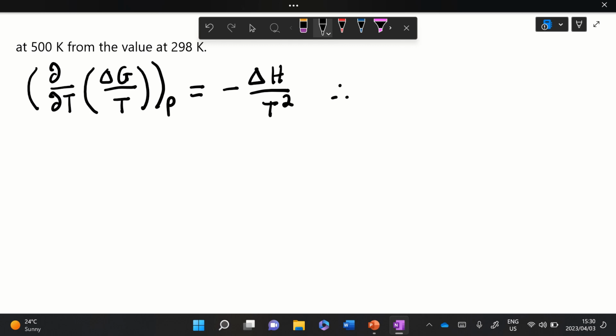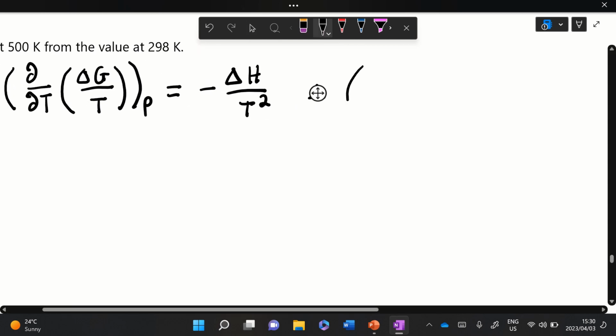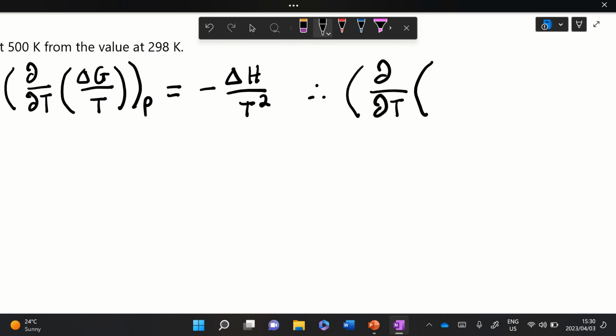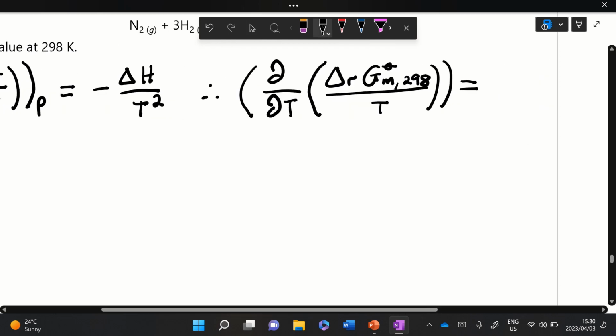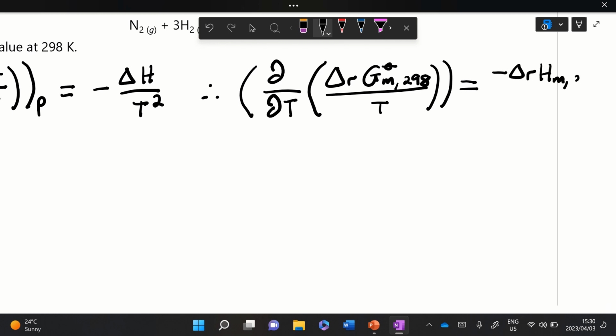In other words, if we're looking at reactions, we can rewrite this for the reactions, with all the bells and whistles that we all love to write out so nicely, as equal to minus delta H of reaction over T squared.